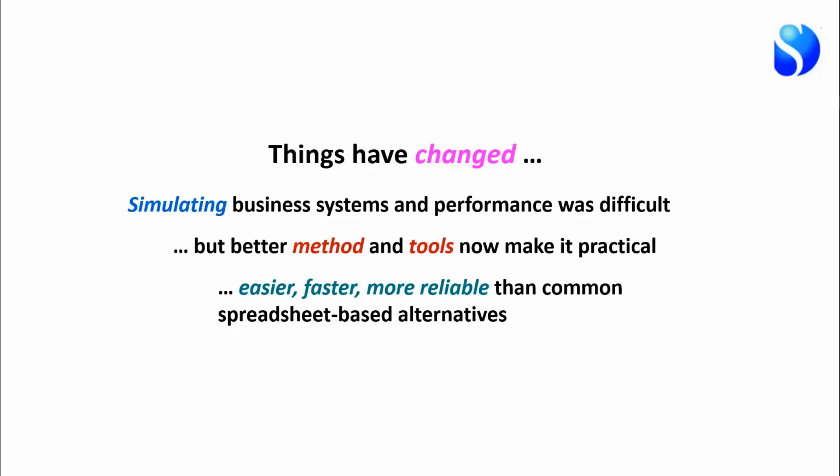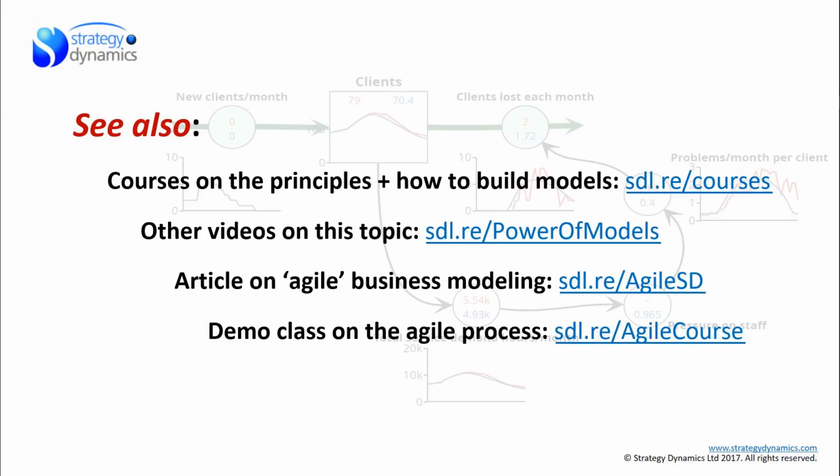But with the better methods that we have now and the better tools that are available, this is now a very practical thing to do. It's easier, faster, and more reliable to build these models using these tools than it is to do a worse job using spreadsheet-based alternatives. That's the real bottom line benefit that you're going to get out of this course.